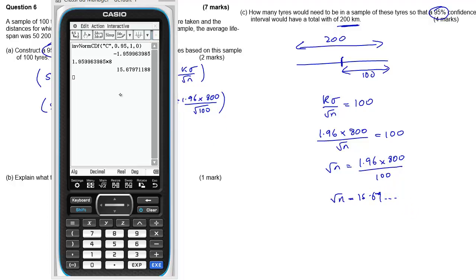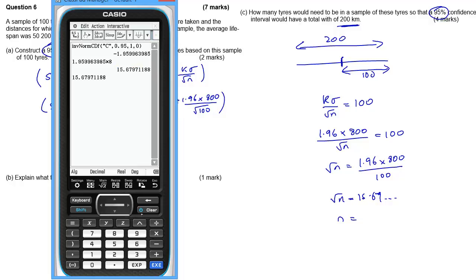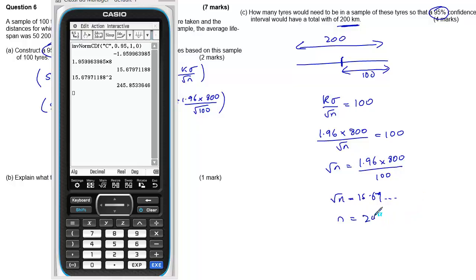And so on, and obviously that's root n, so we need to square to find n. So we want this squared, which is 245.85 and so on. So we'd say that n is equal to 246 because it must be a whole number. It's the number of items we're taking.